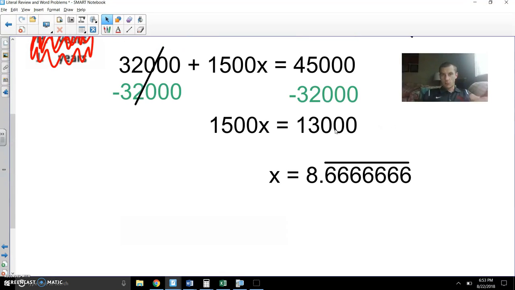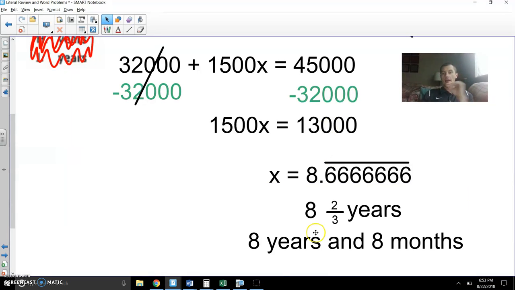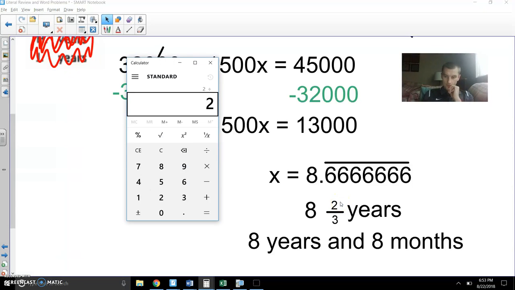So one thing that's important in math is knowing what fractions are equivalent to certain decimals. For example, 0.5 is 1/2. 1/3 is 0.3 repeated. So 0.6 repeated is the same as 2/3. And if you do 2 divided by 3 to get that 0.6 repeated, there's 12 months in a year.